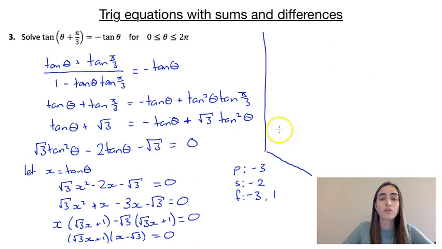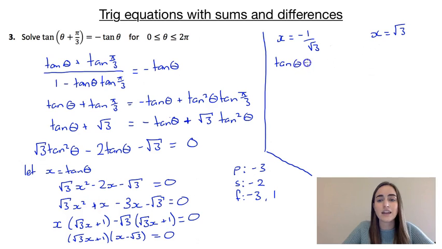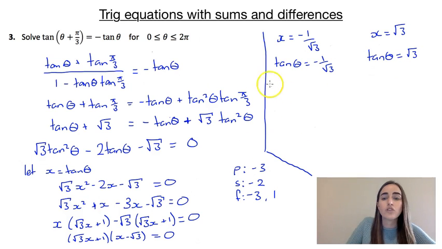Now if I solve both halves of that, I'm going to end up with x equals minus 1 on root 3, or x equals root 3. Now we know that x was tan theta, so we're going to have tan theta equals minus 1 on root 3, or tan theta equals root 3. Now we can solve both of those. So if we look at this one, we can draw up our all stations to central diagram.